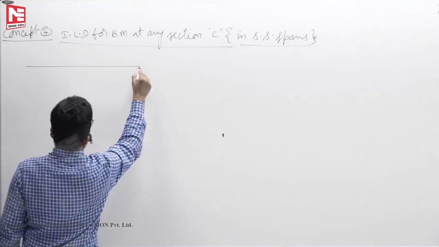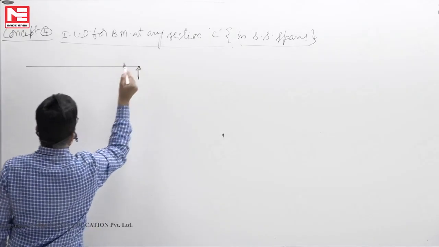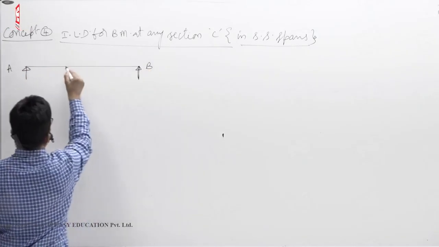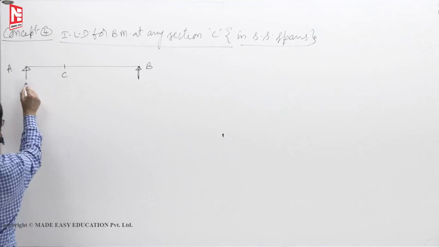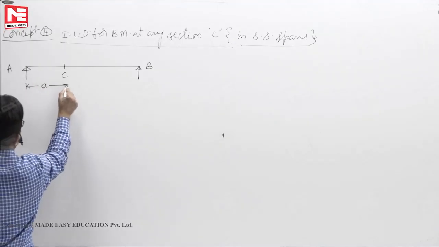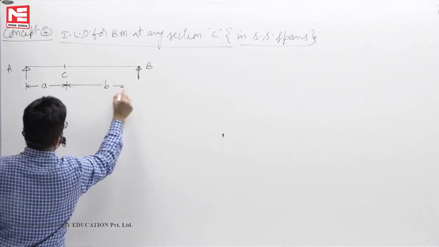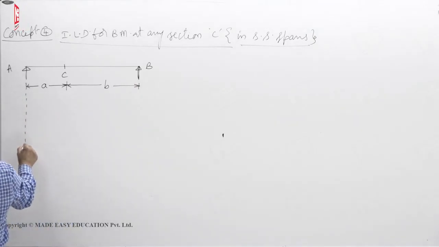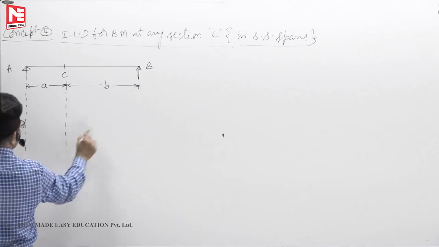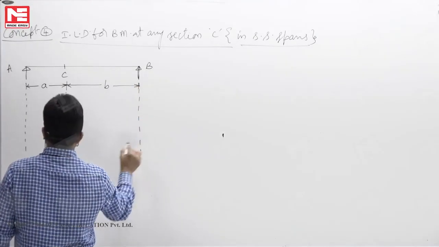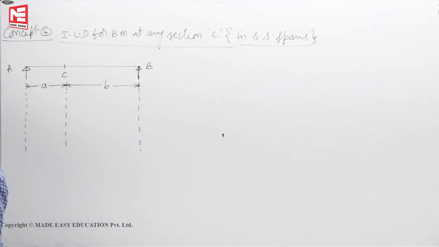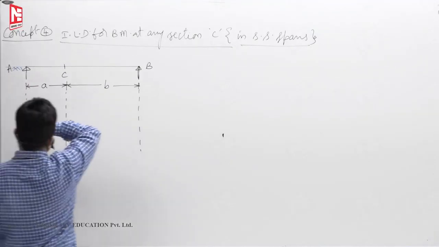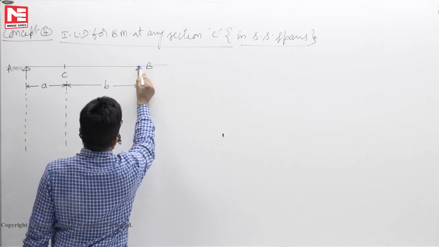Assume that we have a beam like this. A, B, somewhere C is here. This distance let us say A. This is say B. Again there is a ground you have to visualize.